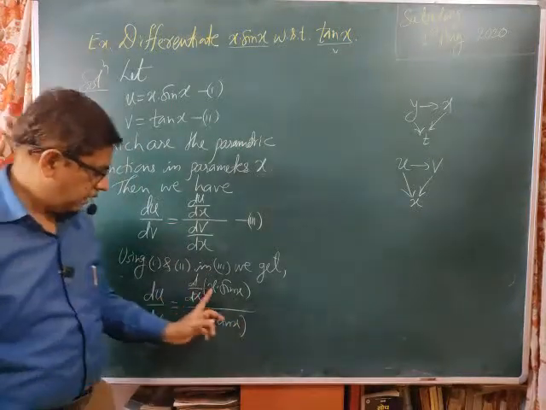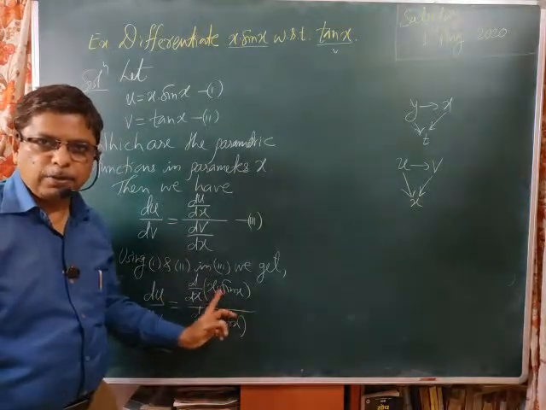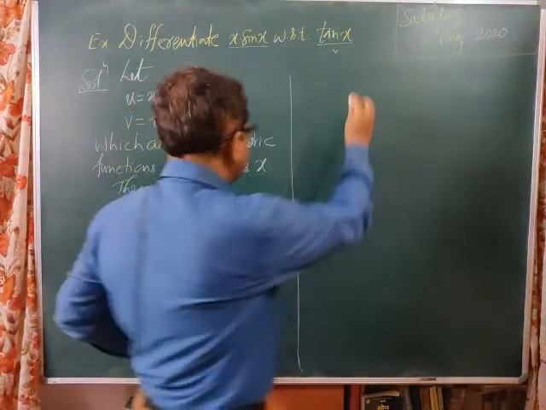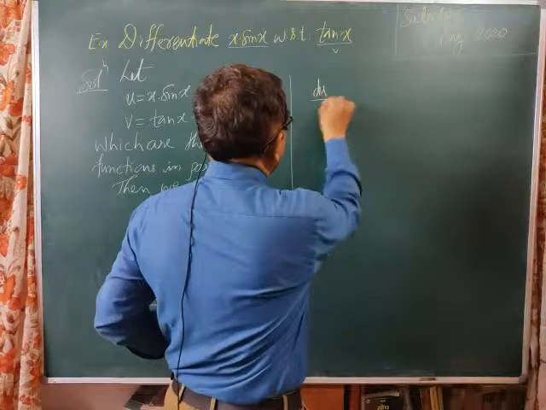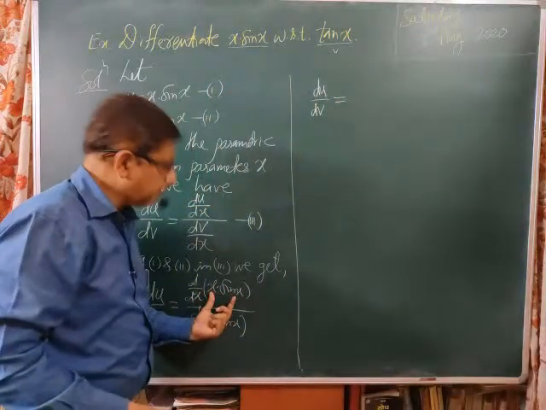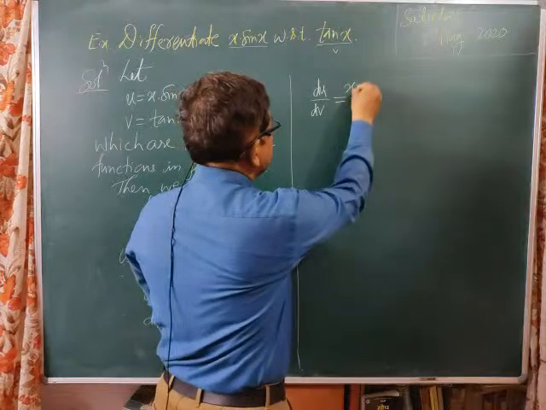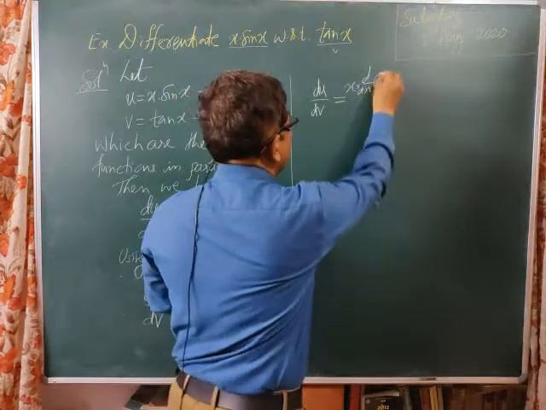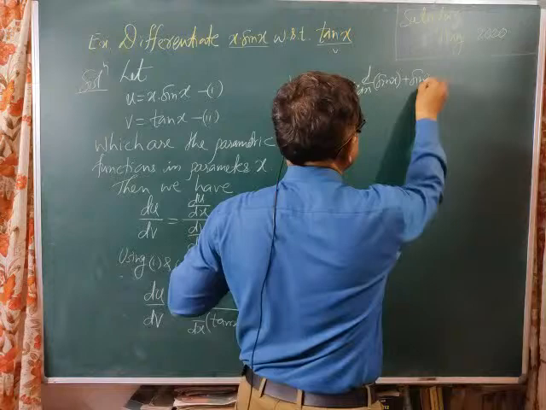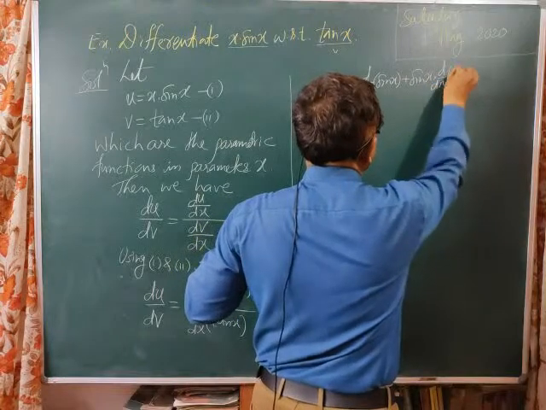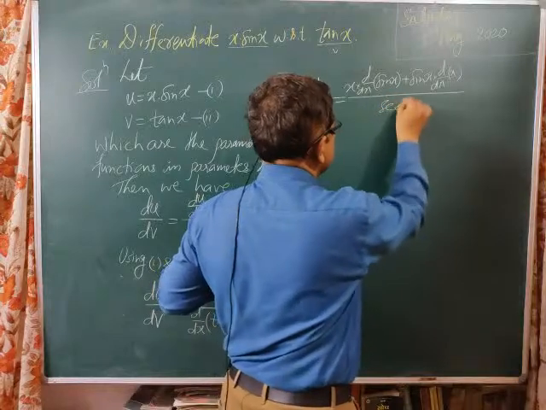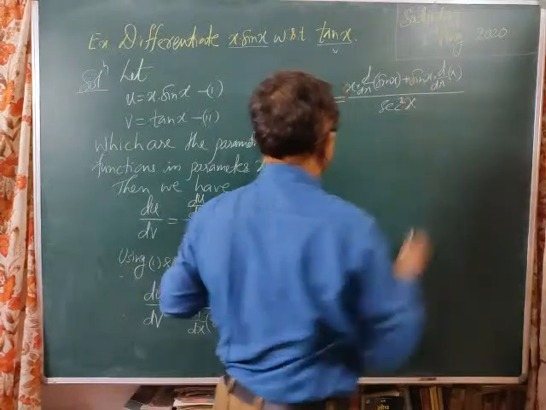And now here again a derivative of a product. So differentiate it. Continue. So du by dv is equal to, see here, derivative of product. So first term as it is into derivative of second plus second term as it is into derivative of first, divided by derivative of tan x is sec square x.